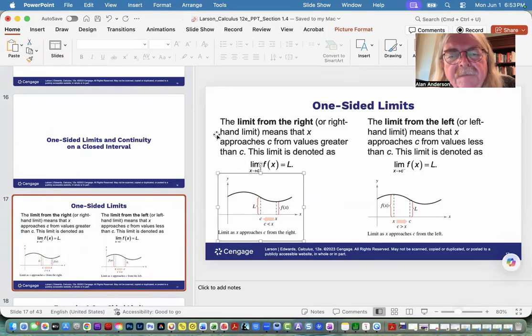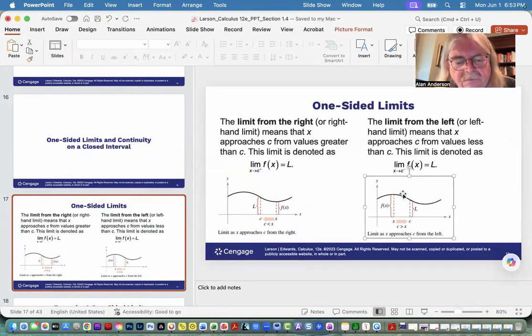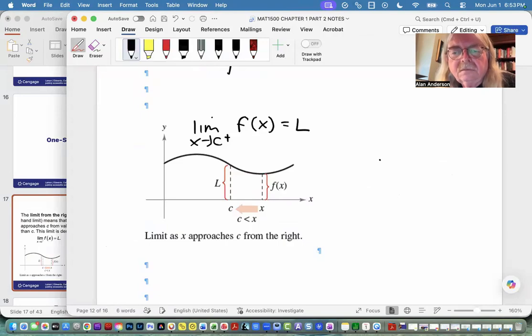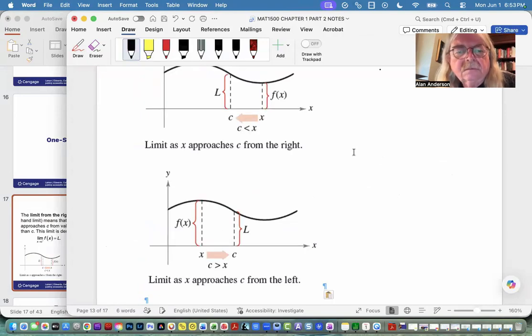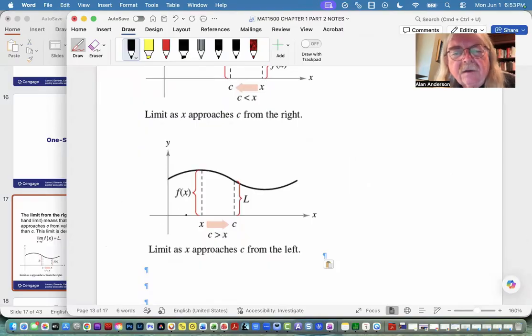Then in this case, it's the other way around. The arrow is pointing to the right, which means we're approaching from the smaller values.